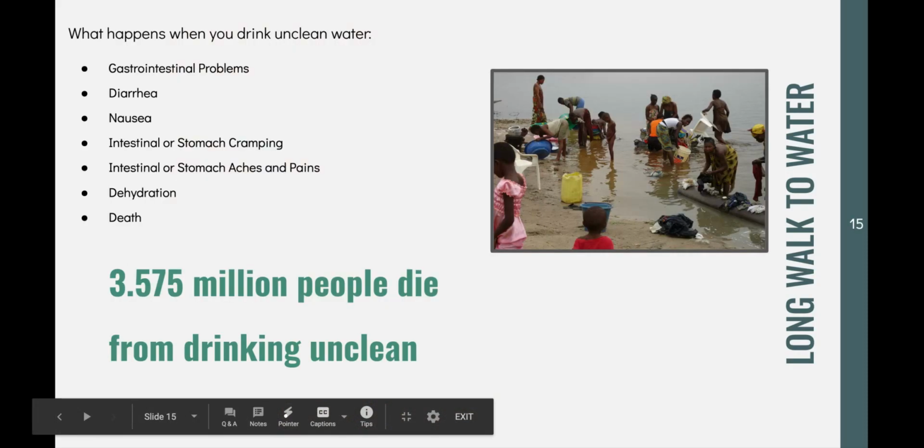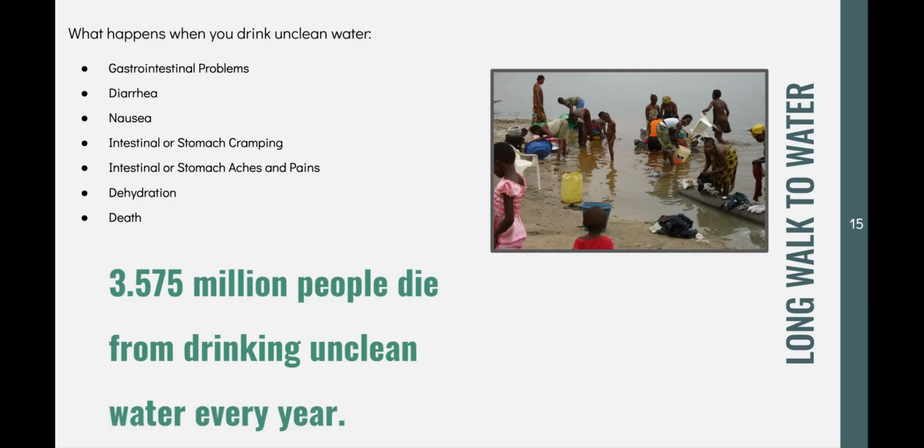So this is addressed a little bit in the book. There are lots of really bad things that can happen when you drink unclean water. So you can just get problems with your stomach, diarrhea, nausea, stomach cramps, aches and pains. You can actually get dehydration even though you're drinking that water. And you can also die from drinking unclean water.